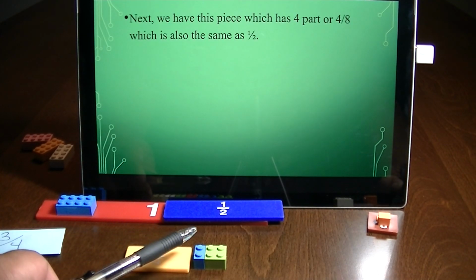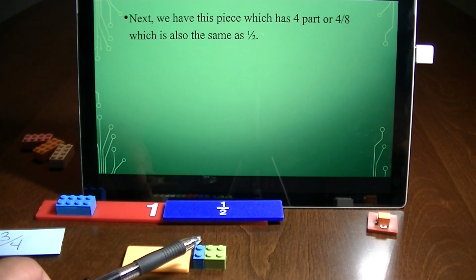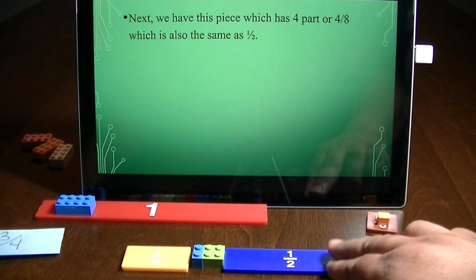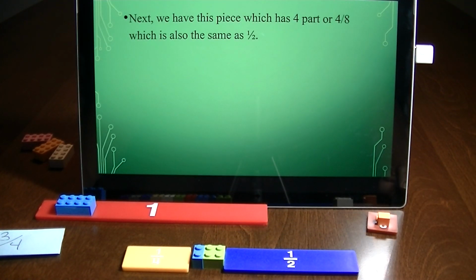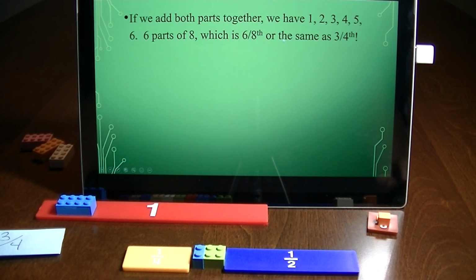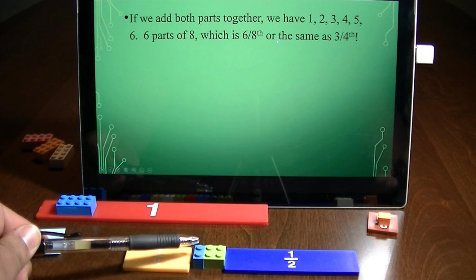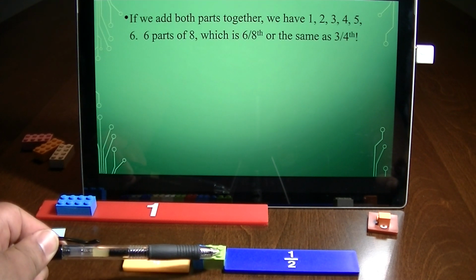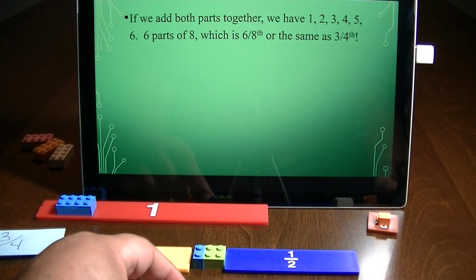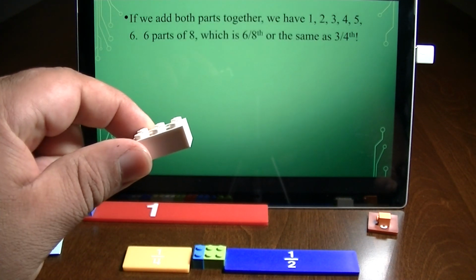Next we have this piece, which has 4 parts, or 4/8, which is also the same as 1/2. If we add both pieces together, we have 1, 2, 3, 4, 5, 6 parts of 8, which is 6/8, or the same as, you guessed it, 3/4.